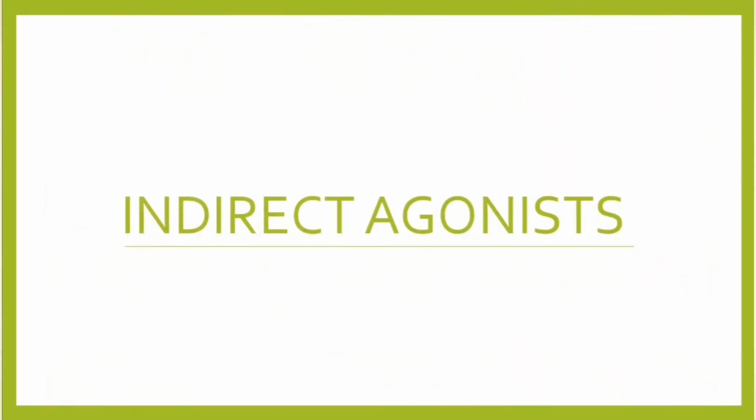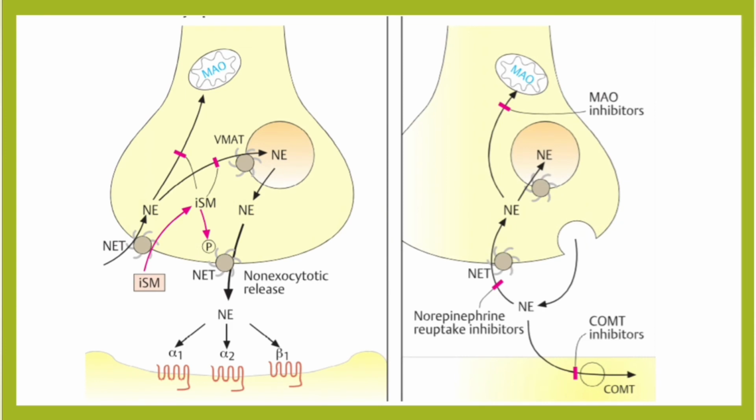Indirect agonists have different activity, right? They can either inhibit the destruction of norepinephrine, thus enhancing the release of norepinephrine, or they can inhibit reuptake by the norepinephrine transporter.